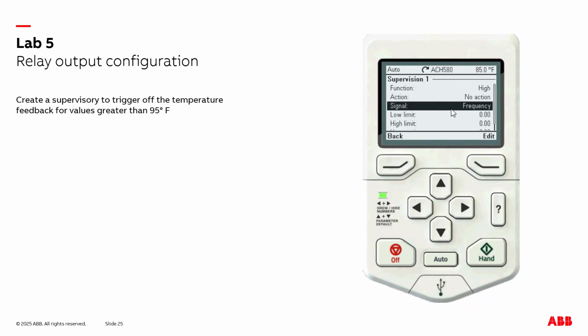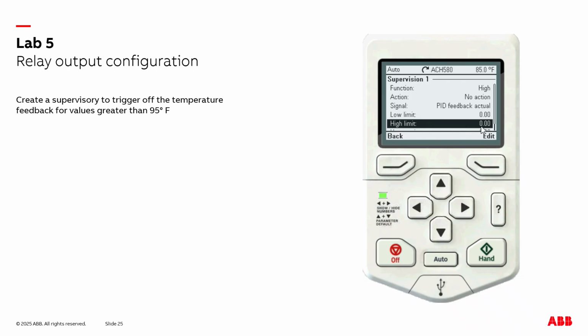We now need to set up the signal. What is the supervisory operating off of? It's not operating off of the output frequency, which is default. It's instead operating off of the PID feedback signal, or PID feedback actual. And the last item we need to adjust is the temperature at which the supervisory triggers.